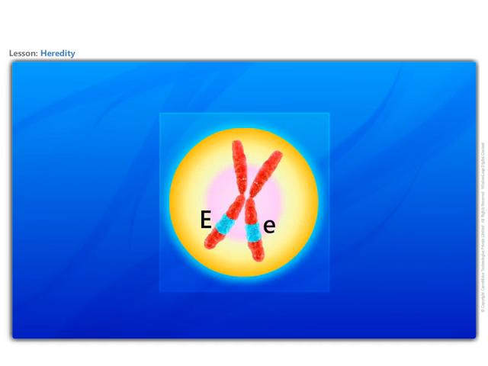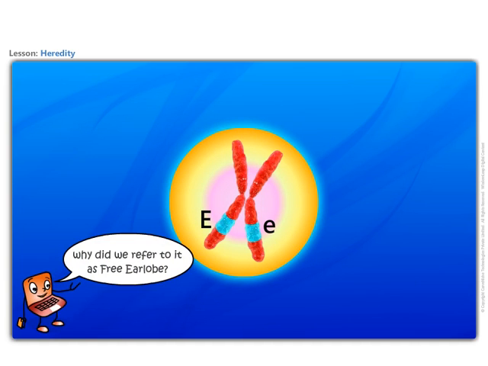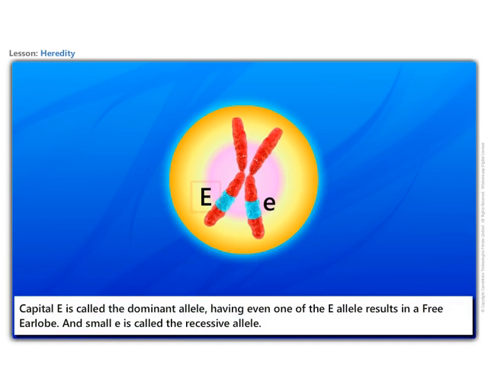Notice that the fertilized egg gets capital E and small e. Then, why did we refer to it as free earlobe? Capital E is called the dominant allele. Having one capital E allele results in a free earlobe, and small e is called the recessive allele.